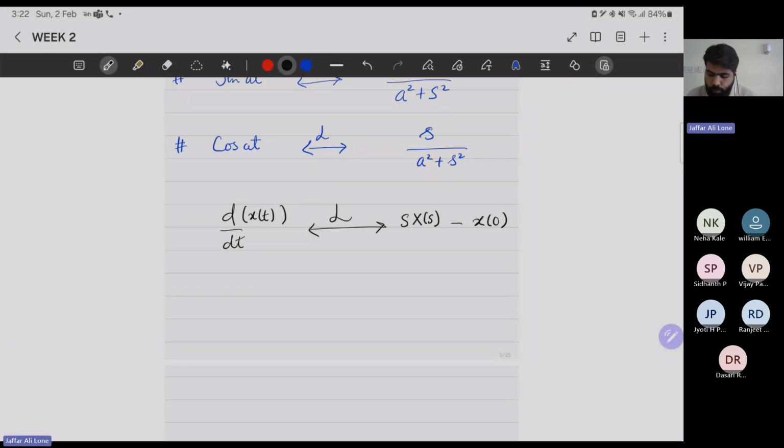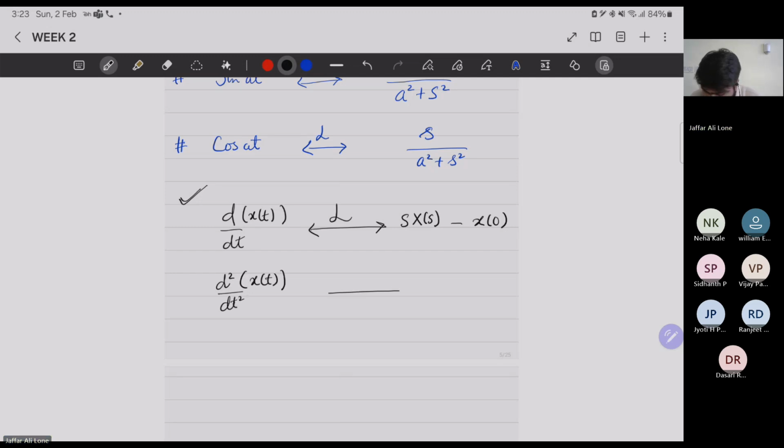So this is very, very important. We will see some problems on this as well, and you have some problems in the assignment on this property. So if we have differentiation of x, then taking Laplace transform, we get s into X(s) minus x naught.